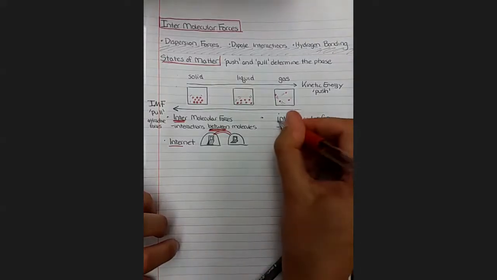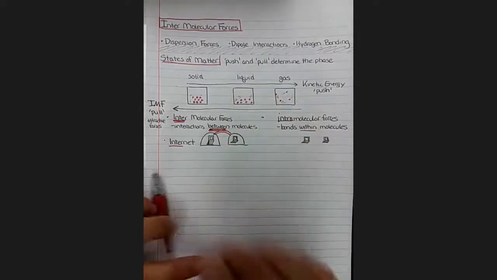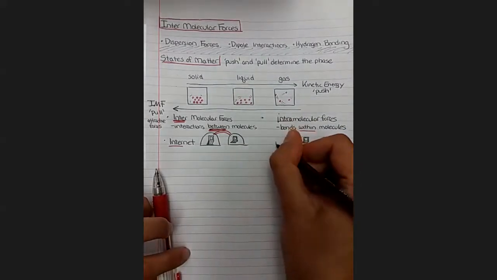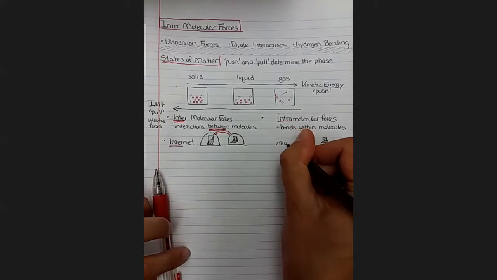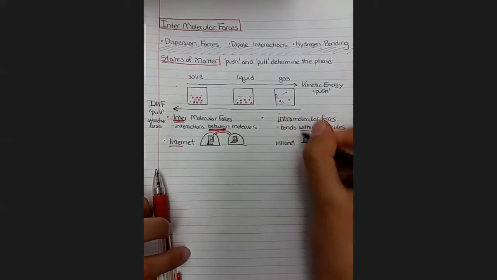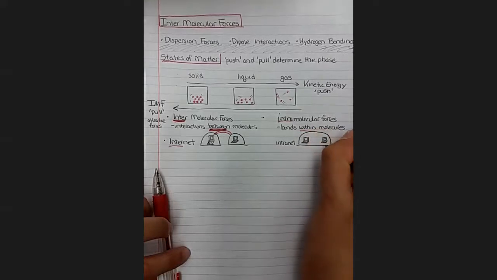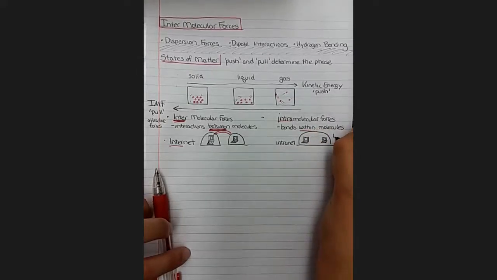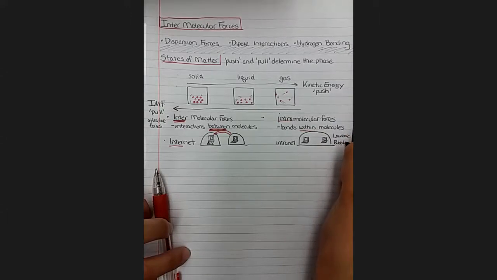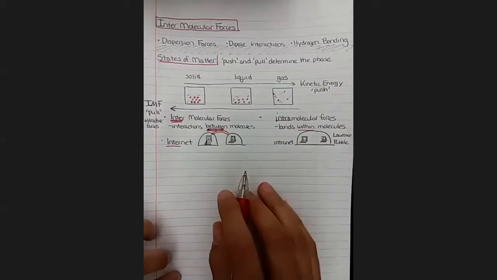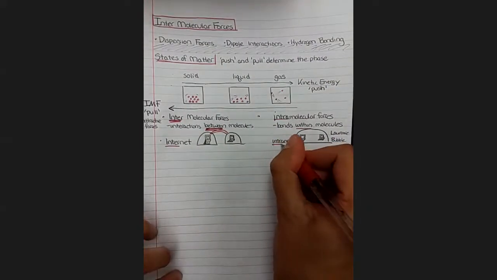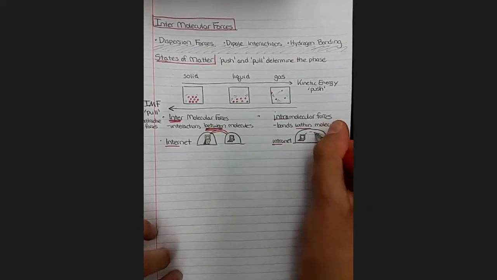Intra is within. So the intranet is like the Lorentz internet. It's like accessing the shared drive: you can only access it if you're inside of the Lorentz bubble. You have to be inside of the same bubble to get to it because it is the intranet.